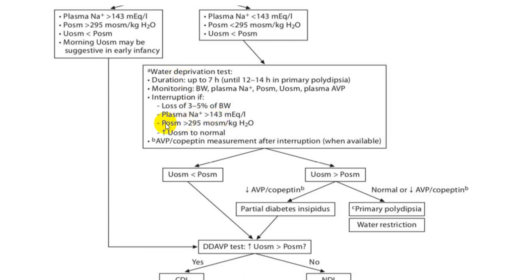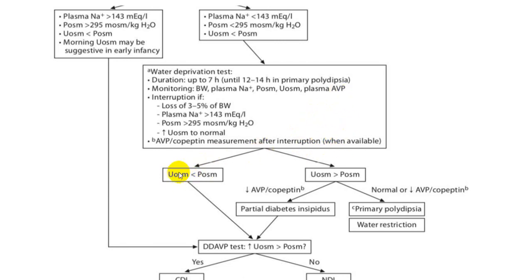Stop the test in between. If plasma osmolality becomes more than 295, again stop. Urine osmolality starts increasing and becomes normal, or ADH measurements after interruption, also whenever available, try to do that.